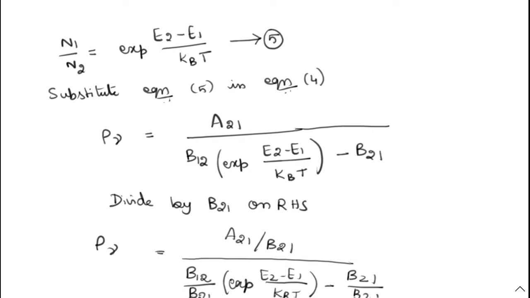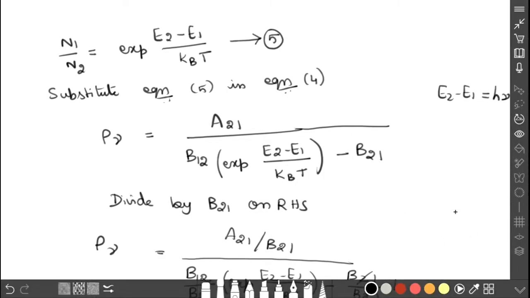So B21 will be cancelled, it becomes 1. And then here E2 minus E1 by KBT. What is this E2 minus E1? E2 minus E1 is the difference between the two energy levels, which is nothing but H nu. So in the place of E2 minus E1, I am going to substitute H nu. So I will write the next step.